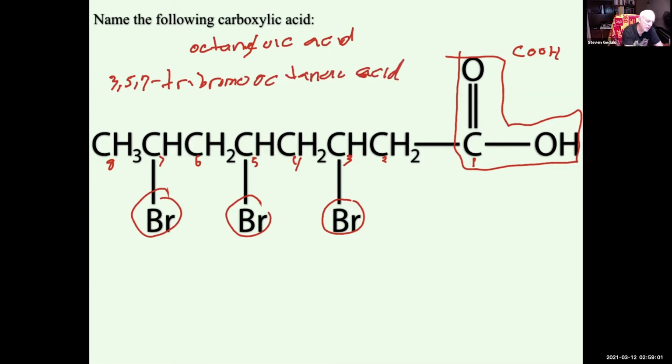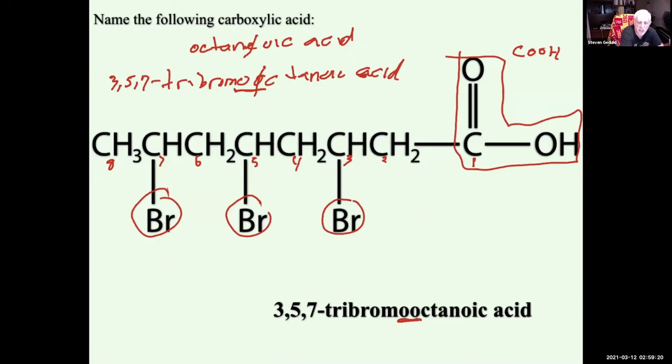Okay, now we have 2 of the same vowels together. Most of the time, we're going to drop one of these because you can't say bromo-octanoic acid. A lot of times they'll drop the O, but this one they'll leave in place. Sometimes they'll change it depending on how it sounds, like we said before with the E. But 3,5,7-tribromo octanoic acid.